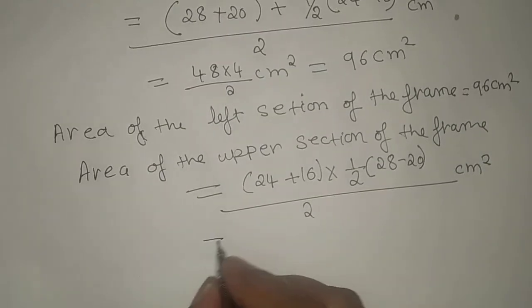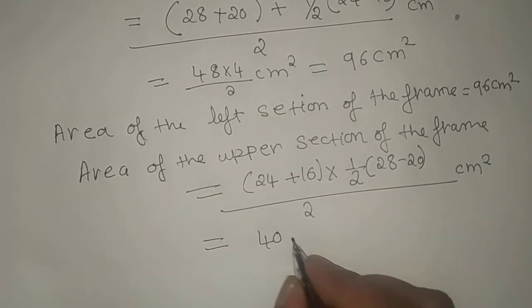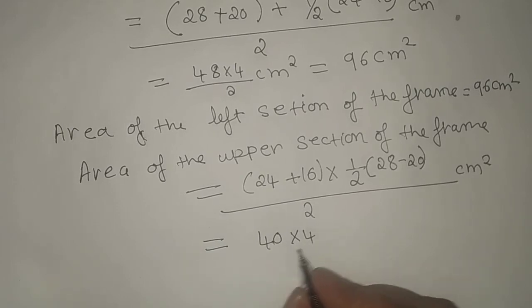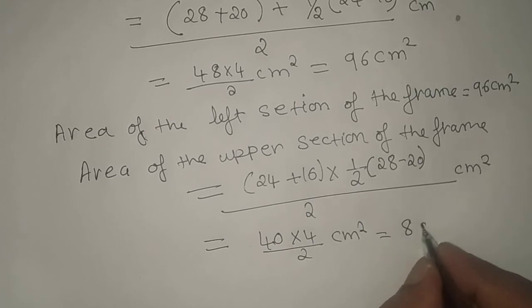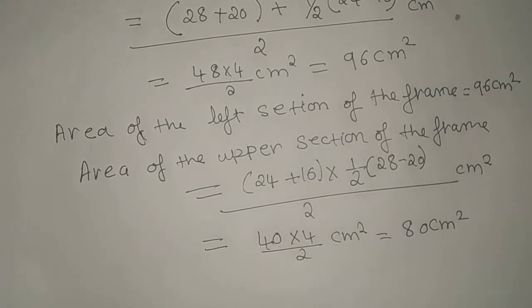After simplifying, 40 into 4 by 2 cm square is equal to 80 centimeters square.